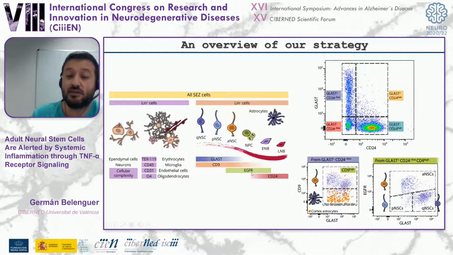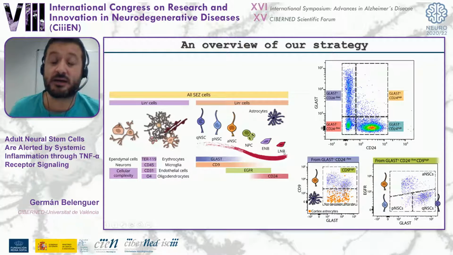And in the middle, the use of EGFR as a marker of activation and CD9 levels to distinguish between non-neurogenic and neural stem cells. With this strategy, we've been able to identify up to 8 different populations: the astrocytes, 2 different populations of quiescent cells, the active neural stem cells, 2 populations of neural progenitors, and 2 populations of neuroblasts.